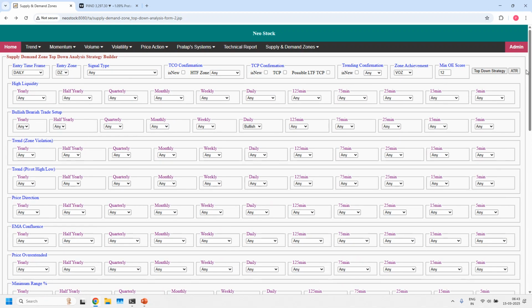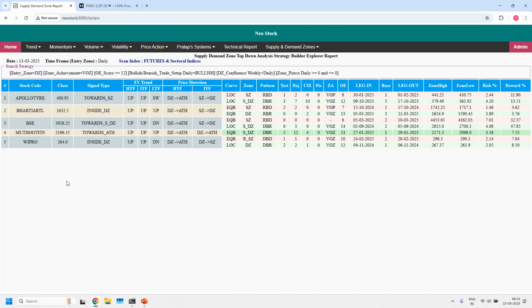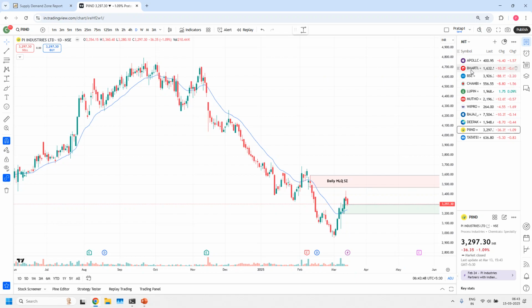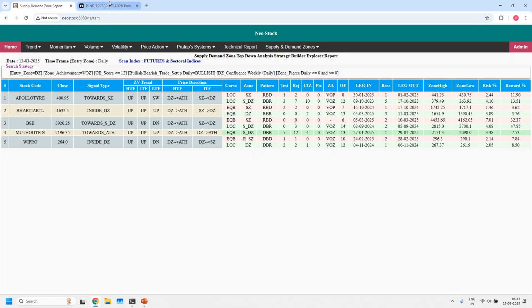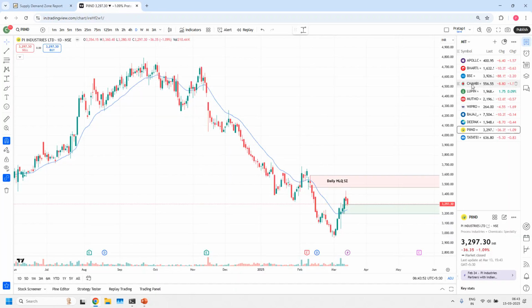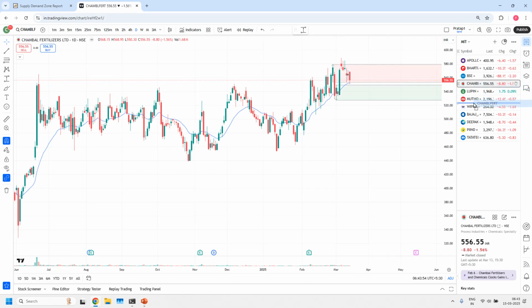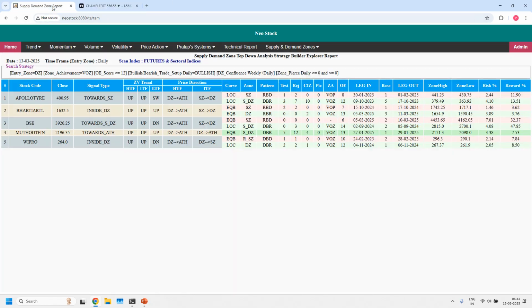Okay, by applying this filter on the 7 stocks, we got 5 stocks. Okay, now let's go through them: Apollo Tyre, Bharti Airtel, BSE. That means Chambal Fertilizers is not there. Within the demand zones, bullish trade setup stocks, what else?